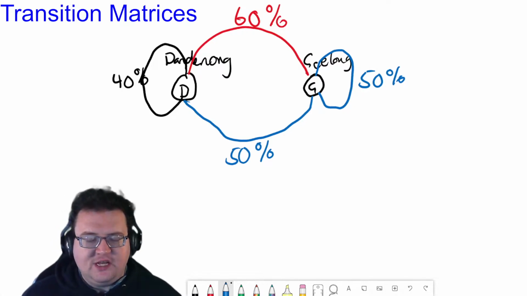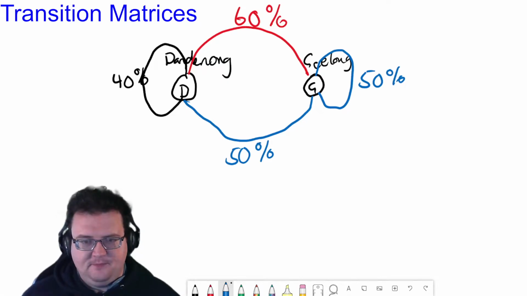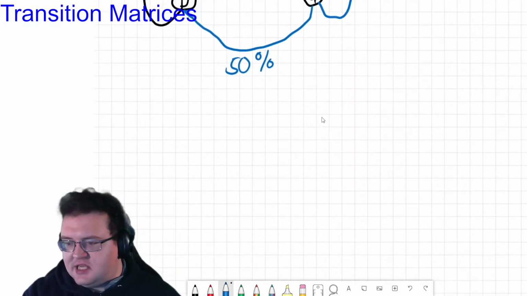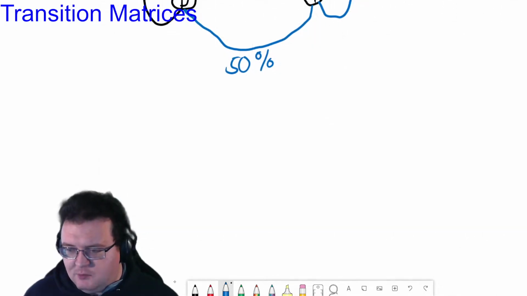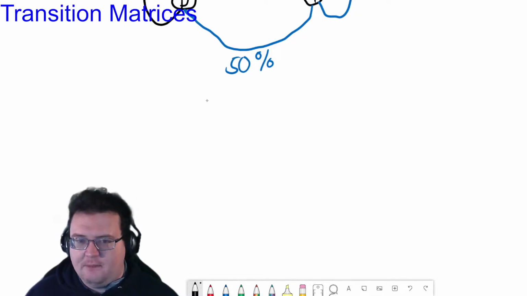What we can do is represent this situation with a matrix. This is going to be an example of a 2x2 transition matrix.